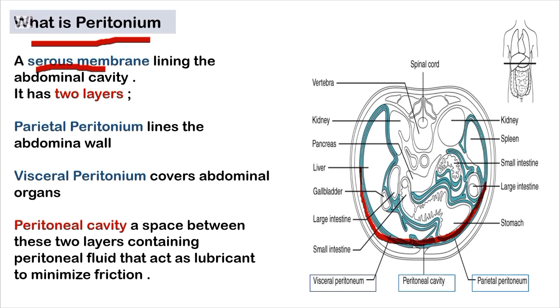It has two layers that are parietal peritoneum and visceral peritoneum. Parietal peritoneum lines the abdominal wall, while visceral peritoneum lines the abdominal organs. There is a hollow space between these two layers, that is the peritoneal cavity, and it contains peritoneal fluid that acts as a lubricant to prevent friction between these two layers.